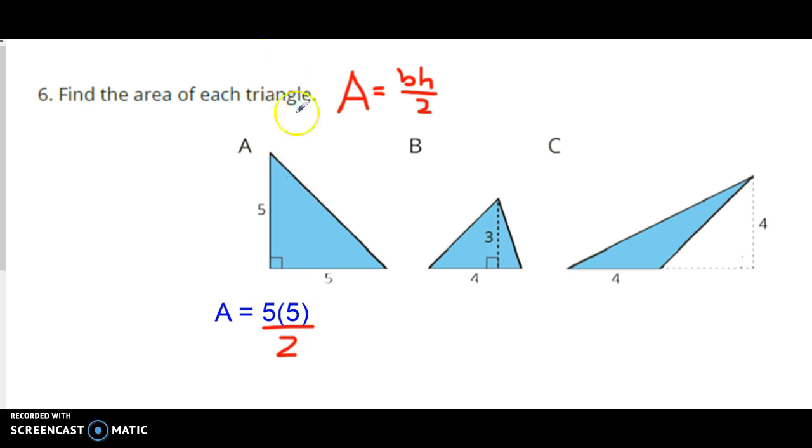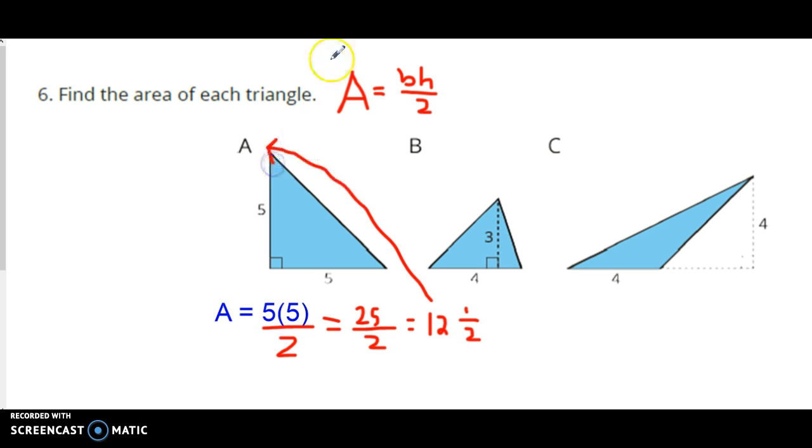So that gives me 25 divided by 2, 25 halves, which, if I were to simplify it, is going to give me 12 and 1/2. So that is my answer for A.